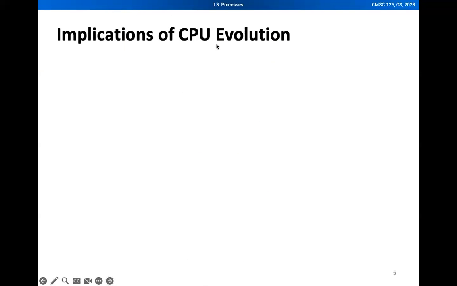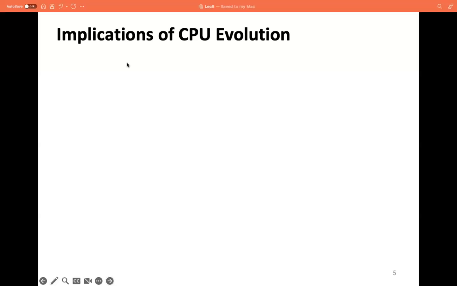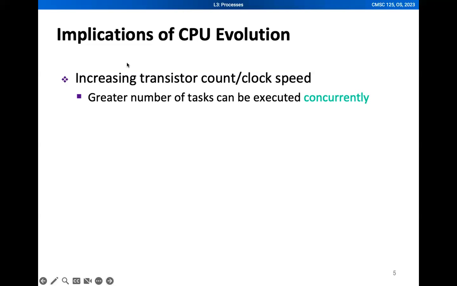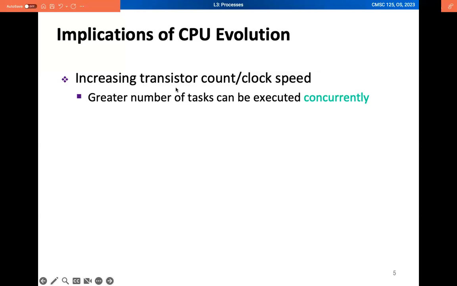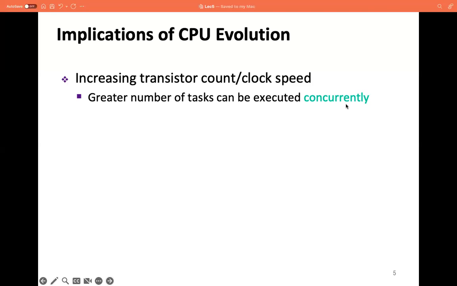Okay, so what are the implications of CPU evolution? With increasing transistor count or clock speed, we have also an increased number of tasks that can be executed concurrently.